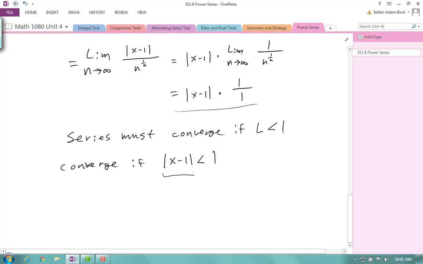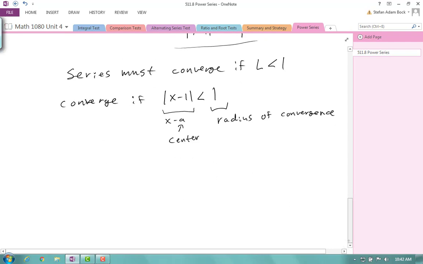So when I have my x minus a here, this is the center of the power series. This number over here, when there's no coefficient on my x's there, is called the radius of convergence. Which is a special number that we're going to need for the next section.